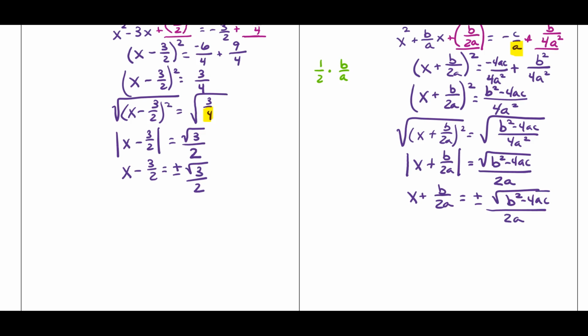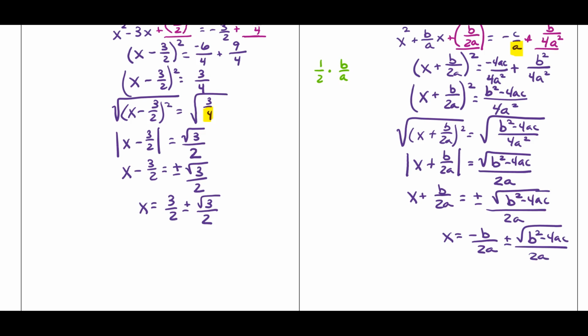Now our final step is to move whatever's with the x to the other side by adding or subtracting. So over here we'd have to add 3 halves. So x equals positive 3 halves plus or minus the square root of 3 over 2. Over here we would have to subtract. So minus b over 2a plus or minus the square root of b squared minus 4ac all over 2a.